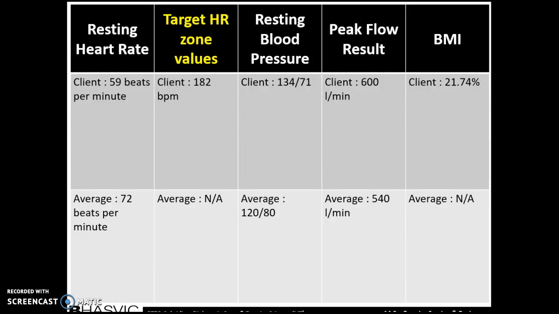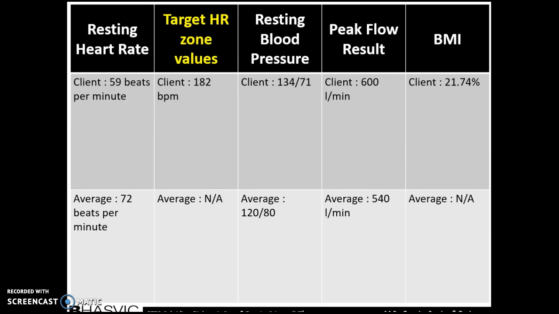These are the averages that I want my client to be working at. Resting heart rate 59 beats per minute, and then we've got the averages on the bottom, what I want my client to be performing at on the top, and what my client's values are.